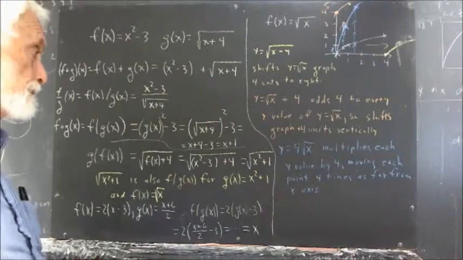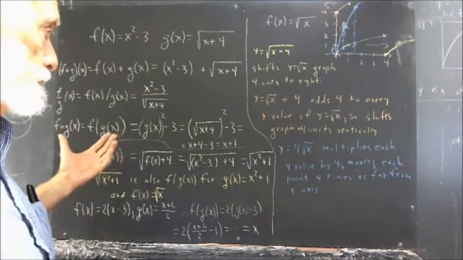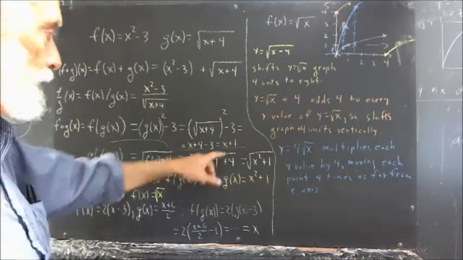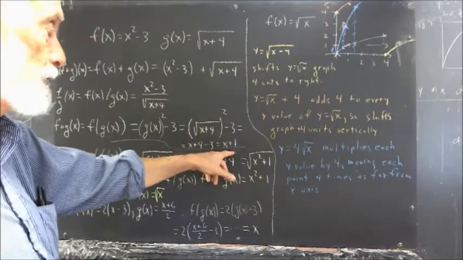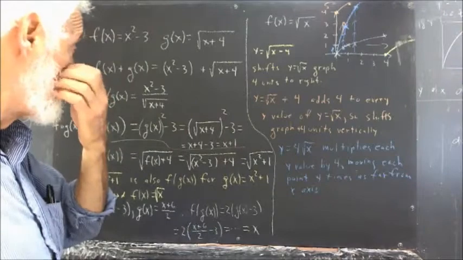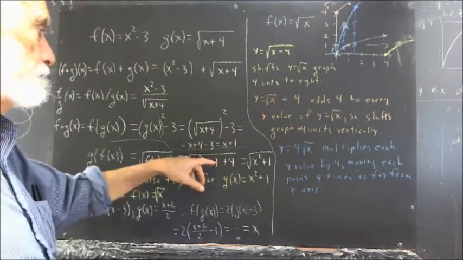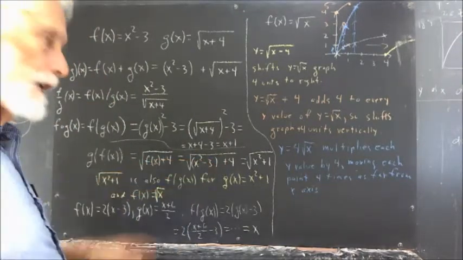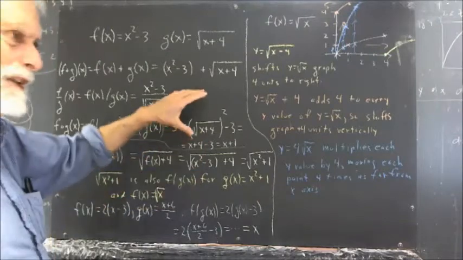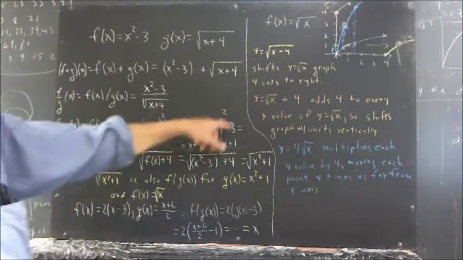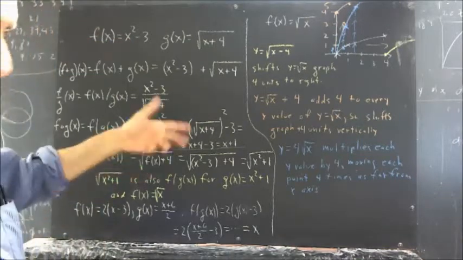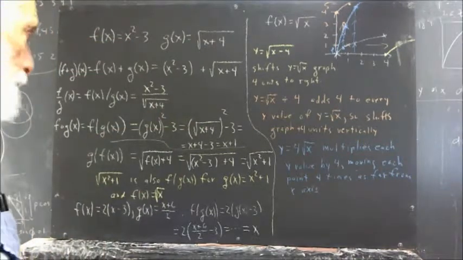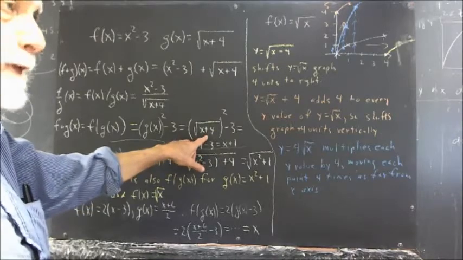If I'd had a number here like minus 9, I'd have had a minus 5 here instead of a plus 1, and that doesn't make any sense at all. So forget I'm saying that. I'm confusing myself. So just the thing you want to take from that little bit of confusion is simply that x can't be less than negative 4.